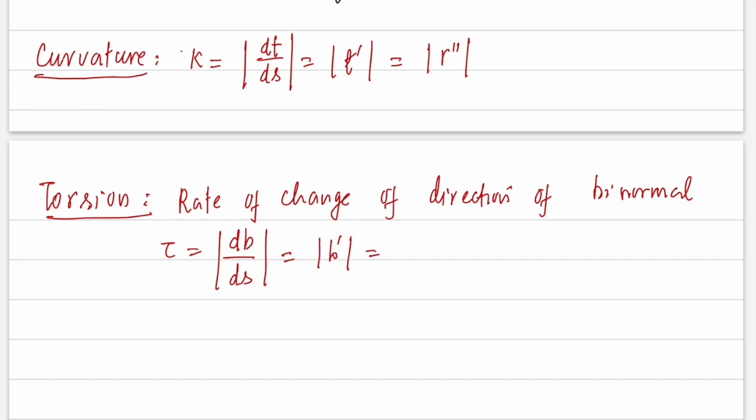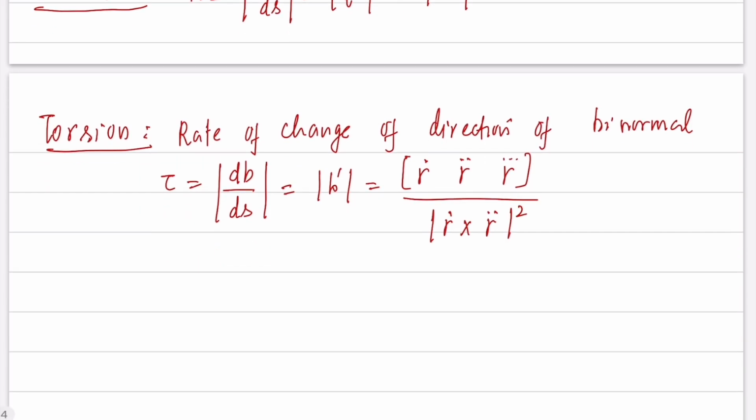This is defined as the scalar product of r dot, r double dot, r triple dot, divided by the norm of r dot cross r double dot whole square. This can also be treated as a formula for evaluating the torsion.